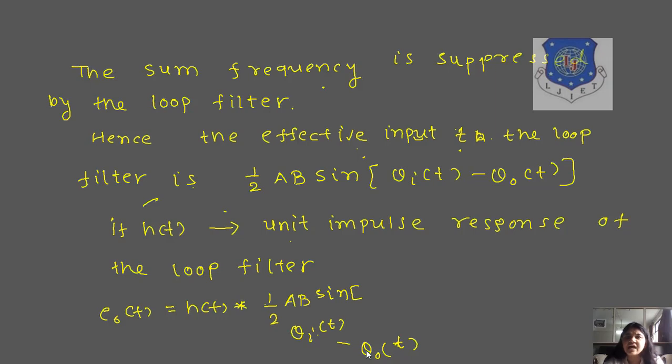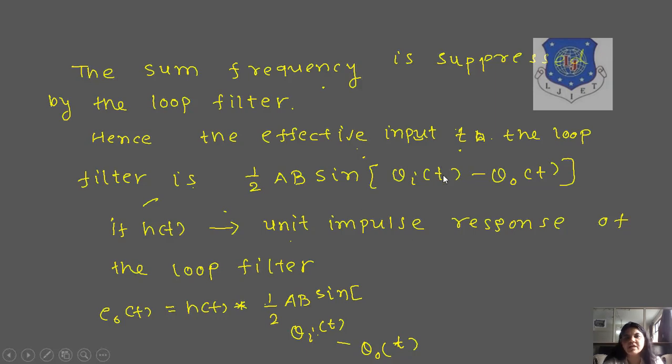Therefore, the effective input to the loop filter is 1/2 AB sin(theta i(t) minus theta 0(t)). Now if h(t) is the unit impulse response of the loop filter, then E0(t) is equal to h(t) convolved with this low frequency component, 1/2 AB sin(theta i(t) minus theta 0(t)).